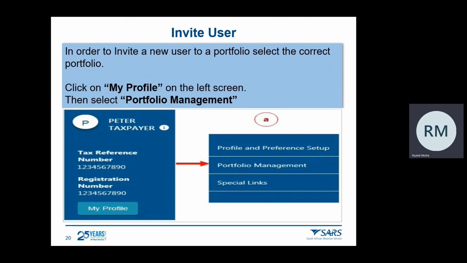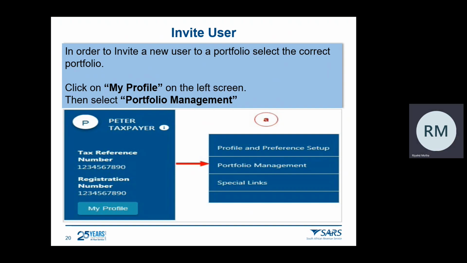You also need to bear in mind that as the person that's receiving the invitation, their eFiling profile has no link to the organization or the tax practitioner portfolio. So what that means is if you are inviting a user, that user will only be able to see what you've given them rights to view.